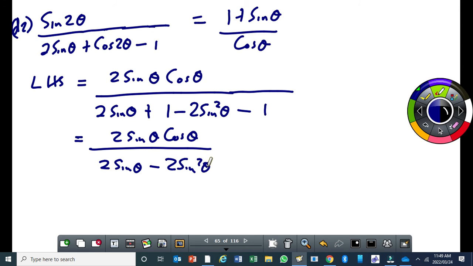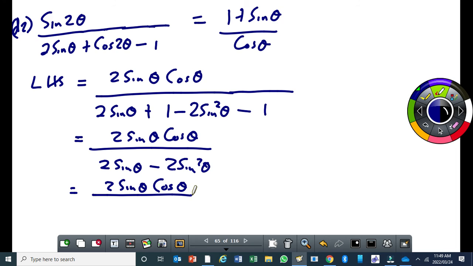Then we have a common factor. So this becomes 2 sine theta times cos theta all over. Now, let me take out 2 sine theta.